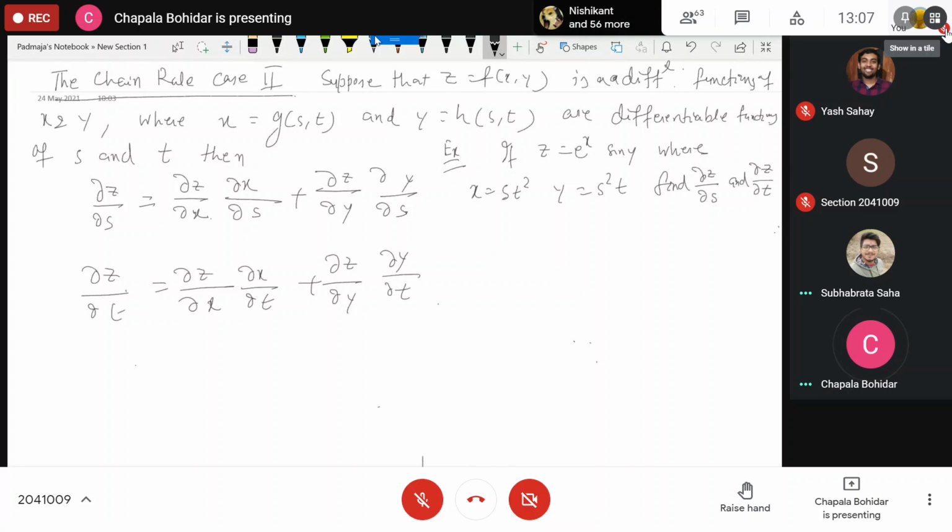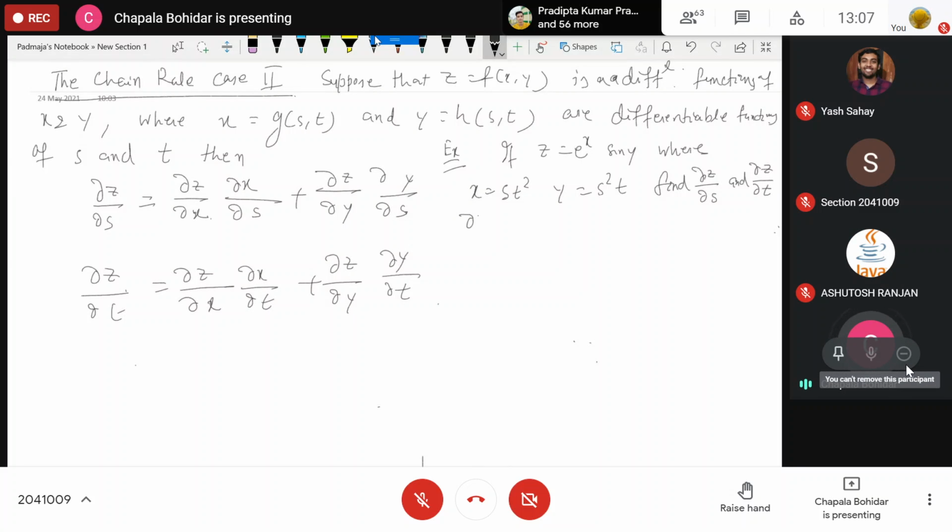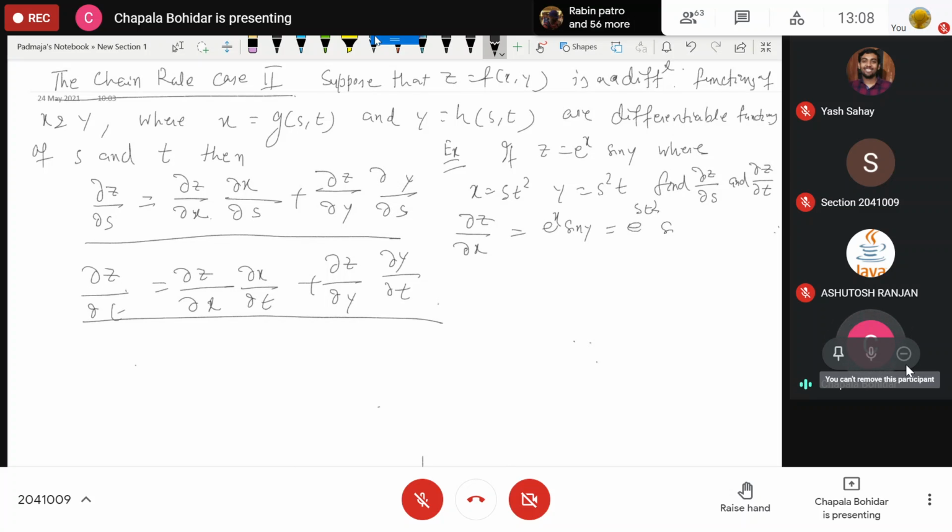Now del z by del x, the formula is here, these two. So del z by del x I am finding here. It is e to the power x sin y. By substituting these two values of x and y in terms of s and t, e to the power s t square sin s square t.